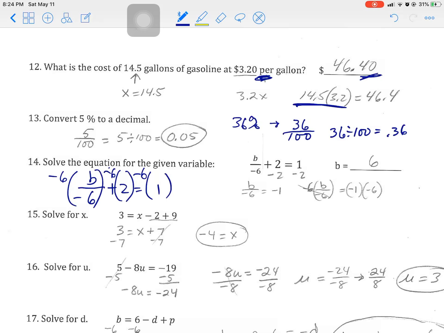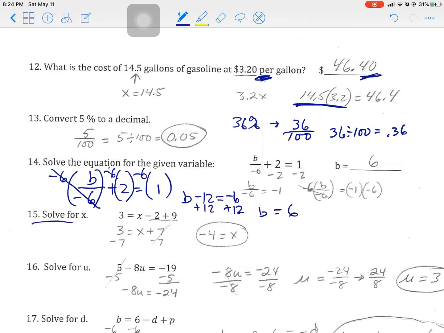Because it's an equation, you can't just multiply the one you want to get rid of. You need to multiply each of the terms in the equation by the same thing to keep it equal, okay? So if you do that, you're going to get b plus, let's see, 6's go away. Negative 6 times 2 is a negative 12 equals a negative 6. Then move the 12 to the other side, and you're going to get b equals 6. So either way, that works fine.